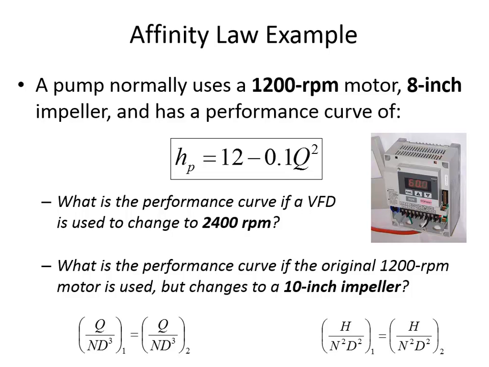So let's see. Originally we used an 8-inch impeller. D1 is 8-inch. D2 is going to be a 10-inch. And we're still using N1 as 1200 RPM, and N2 is also 1200 RPM.